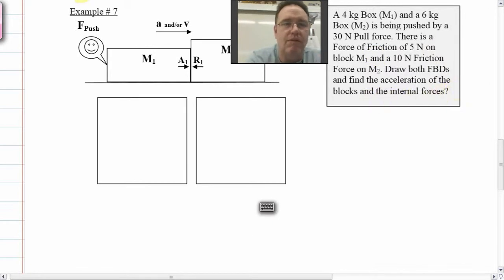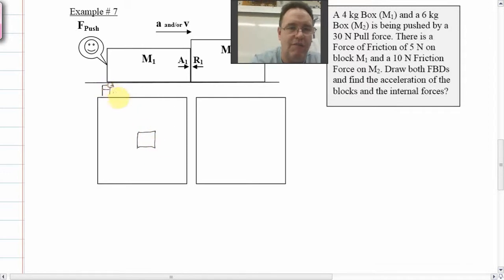Okay, so let's draw a free body diagram. How about we do M1? This is the FBD of M1, and it's 4 kilograms. And it has a frictional force of 5 newtons.